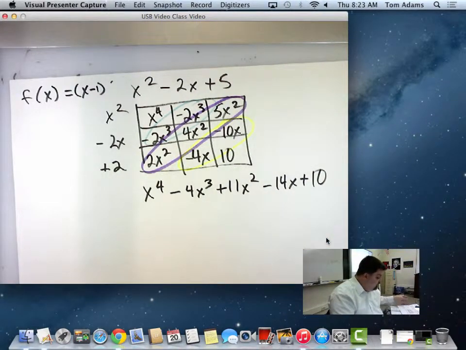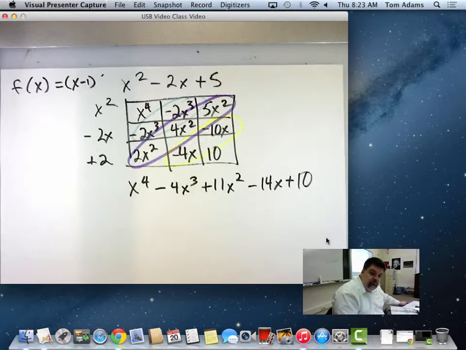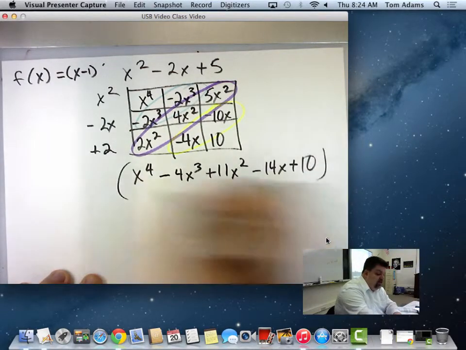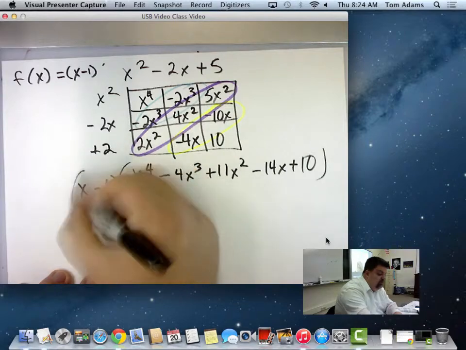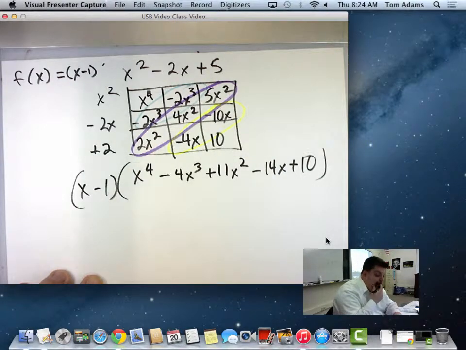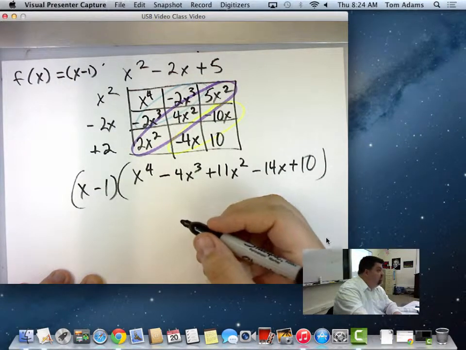Now Mr. Adams is really going to double check this and make sure that I didn't make any mistakes, because at the end of this I want to make sure, because it's a lot of work, and if I made one mistake at the beginning it'll screw up the rest of the problem. Okay, so now it's all this stuff times x minus 1, but before I move forward I just want to double check. It looks good. Do you guys see any mistakes?